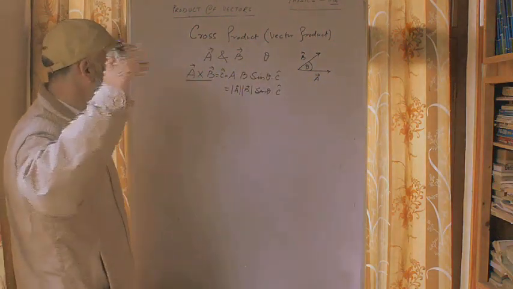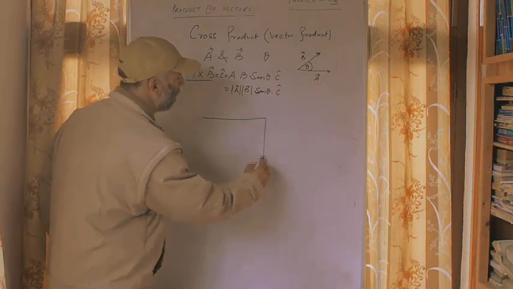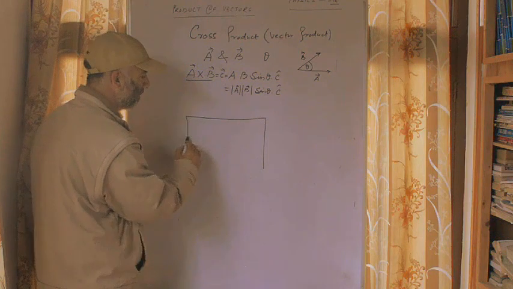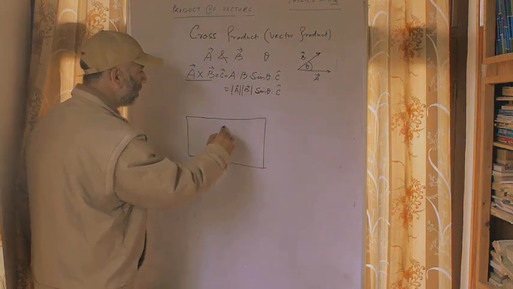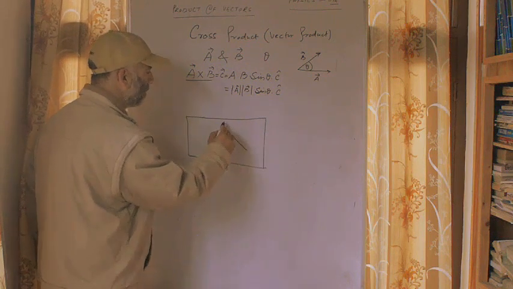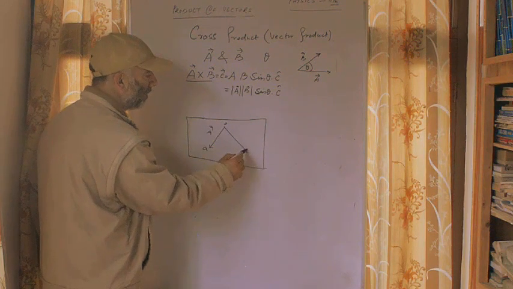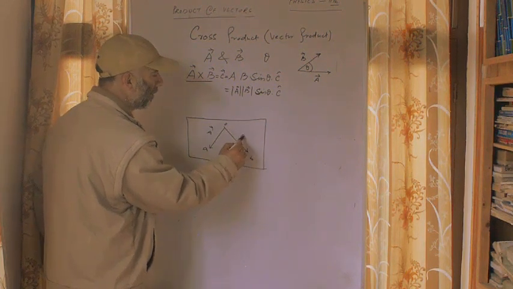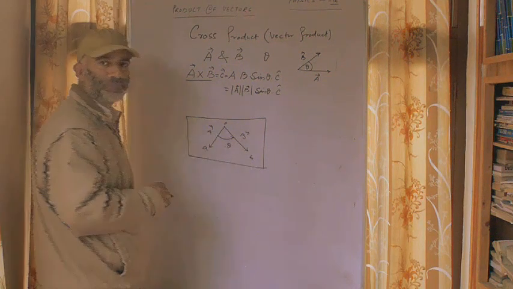Now firstly let's talk about the direction of the resultant vector in case of cross product of the two vectors. Let me take here a plane. And the two vectors. This is O, small a represents vector A, vector B, and this is the angle between the two vectors, theta.